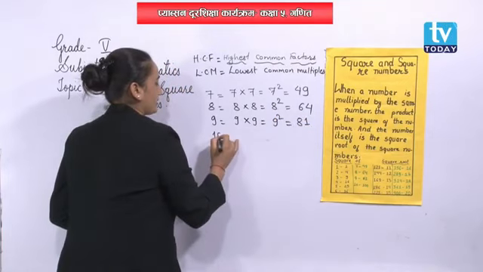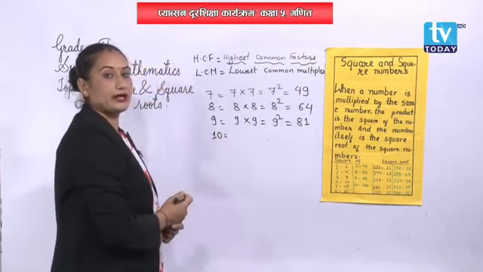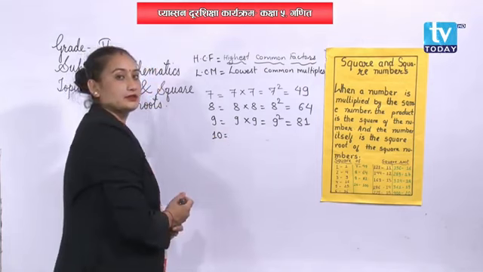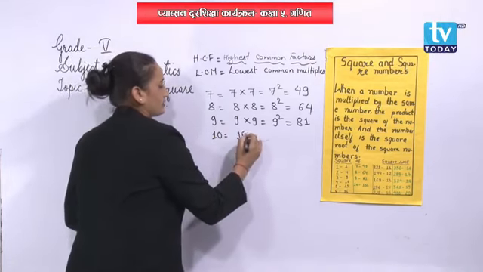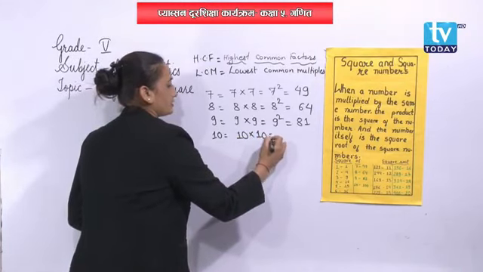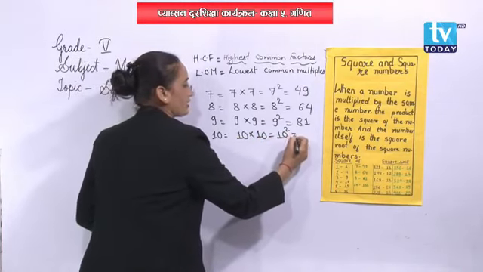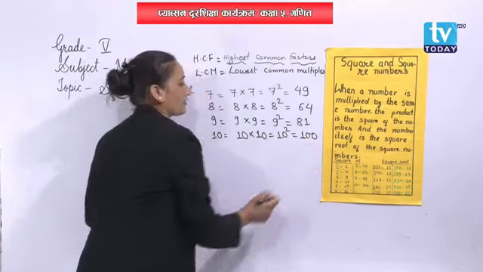So 10, you are at the number 10, right? 10 into 10 equals 10 square equals 100.